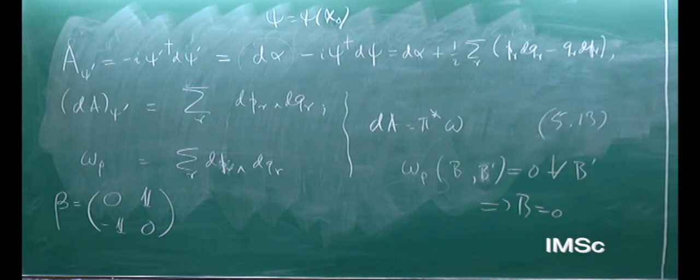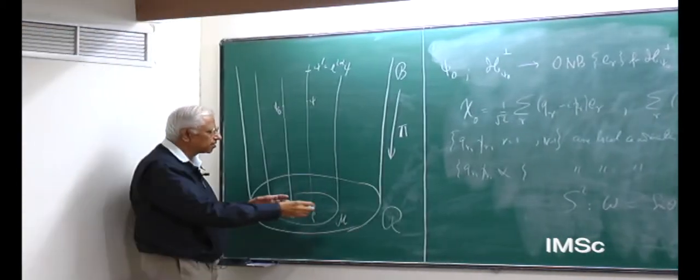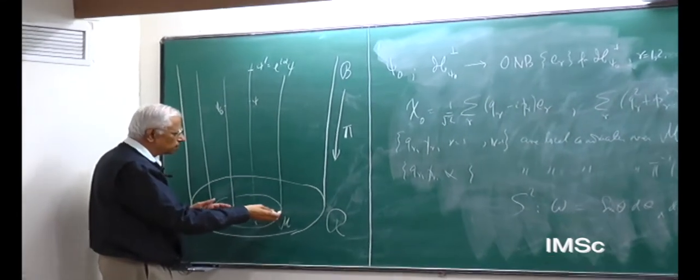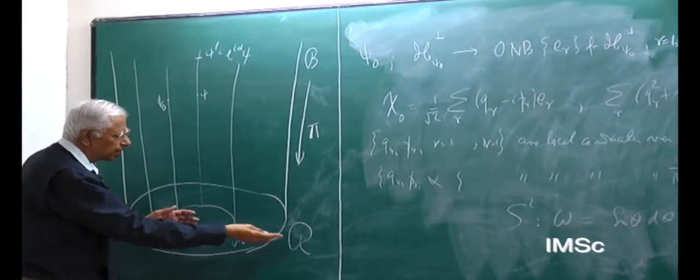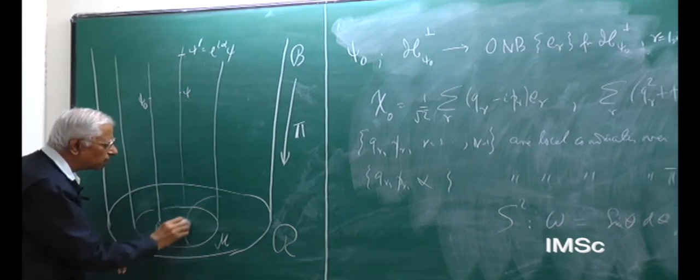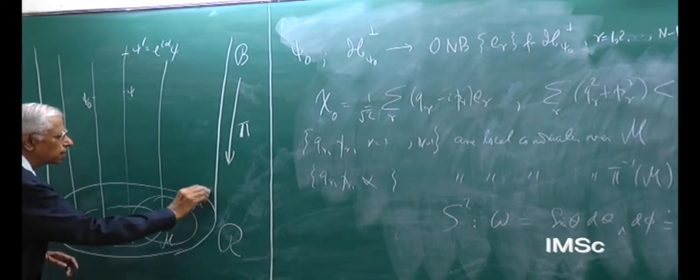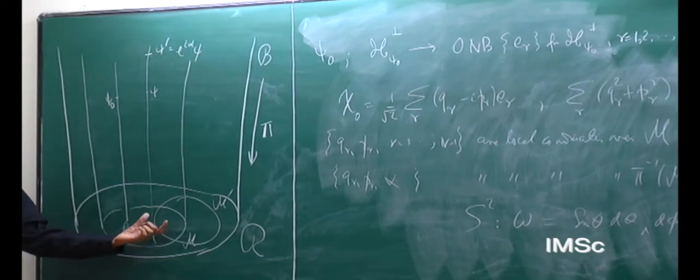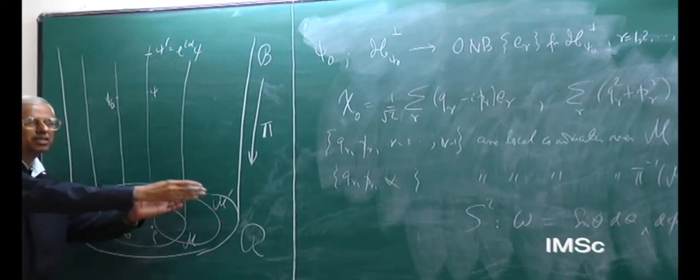You choose one neighborhood, do all of this. Any operation you like to do is legitimate. Then you say, now I want to look at parts of ray space not covered in this neighborhood. Then the answer is, choose some other neighborhood, M prime, overlapping with this, but which goes beyond also.